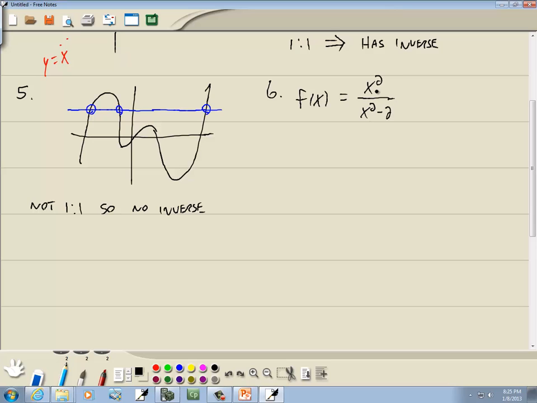Rational function. Key to, again, putting a rational function in your calculator is put parentheses around top or bottom if there's more than a single variable or a single number. X squared would be considered like a single variable. They're kind of tied together. It's not a single term, because if I had 2x squared up there, I'd have to put parentheses around it.